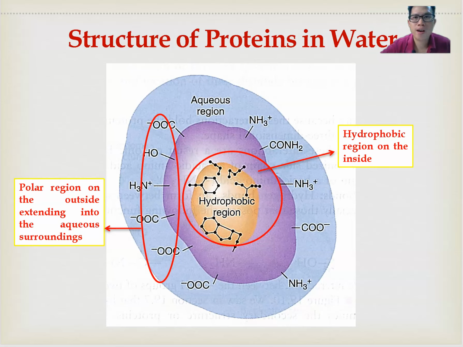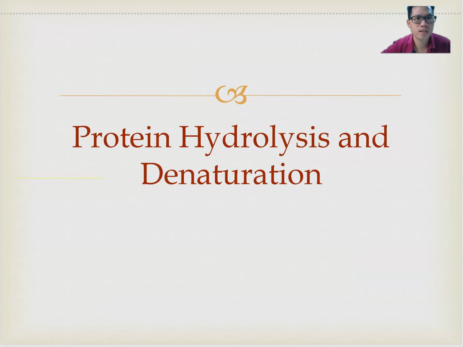Okay, so we have talked about the protein structure, how it's been folded. As I mentioned, the structure is very important for function. So now let's talk about hydrolysis, the breakdown of the protein, or another term called denaturation. Both of these actually destroy the structure of the protein.